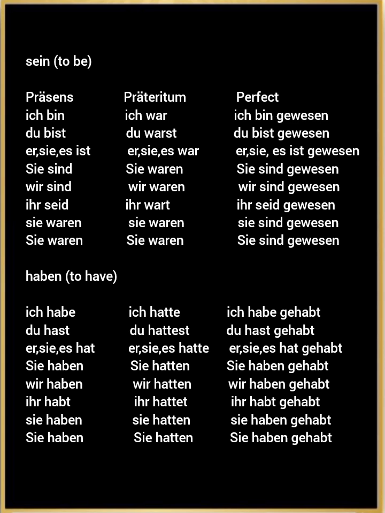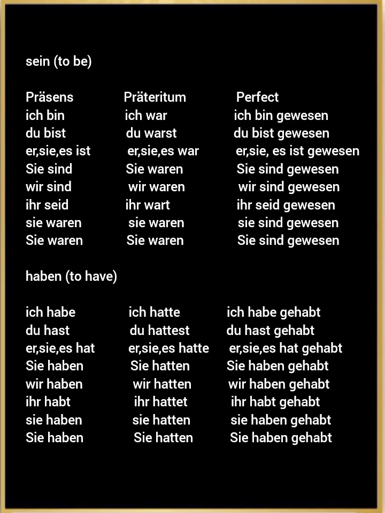And then in the perfect tense it becomes ich bin gewesen. Remember, this means I have been. Du bist gewesen, you have been. Es ist gewesen, he, she, it has been.